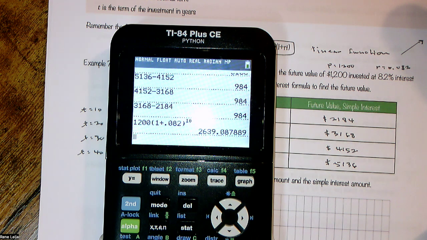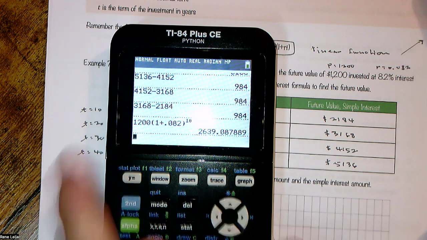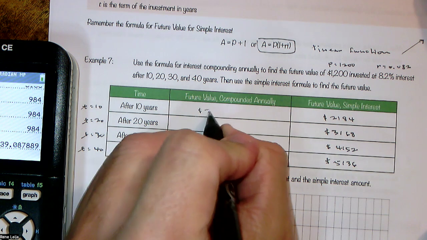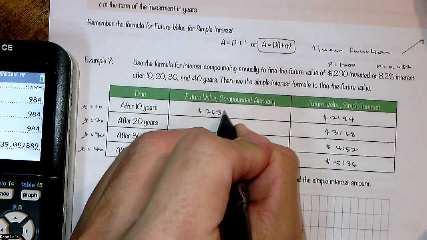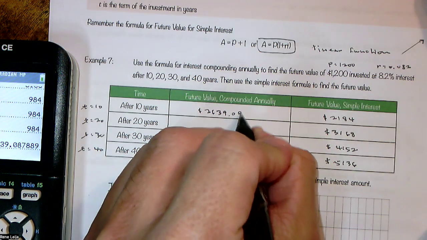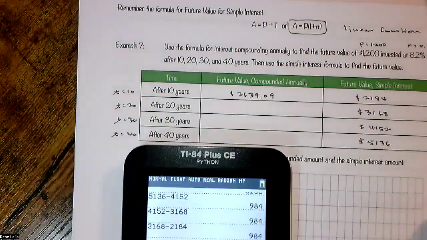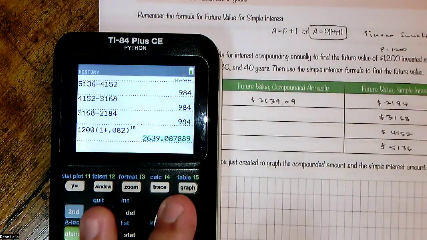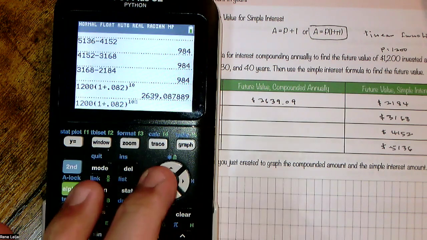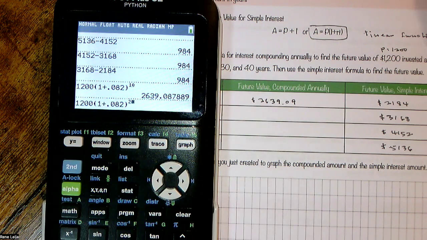So $2,639.09. Okay. And then again, I'm just going to back up, grab that calculation, arrow over, change the 10 to a 20.